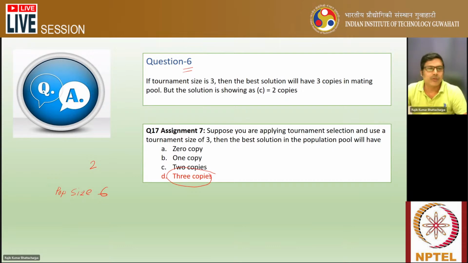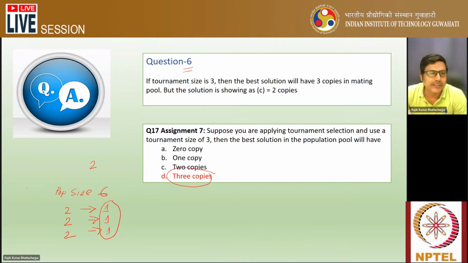Then I will take 2 solutions and they will play the tournament. You will get 1 solution because 1 will win the tournament. Then you will take another 2 and get another winner. Then you will take another 2 and get another winner.